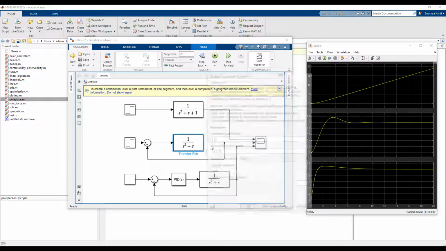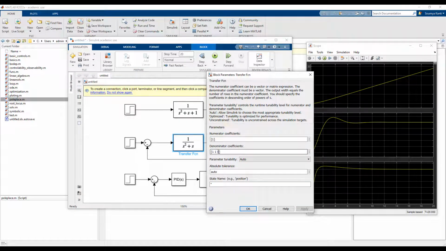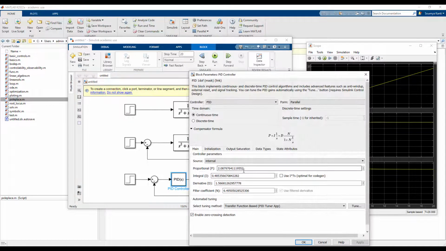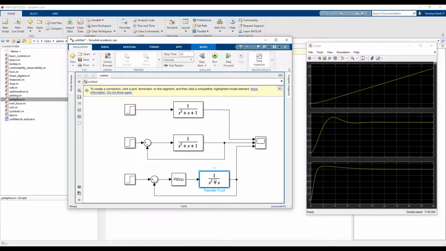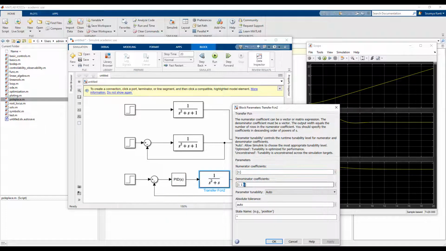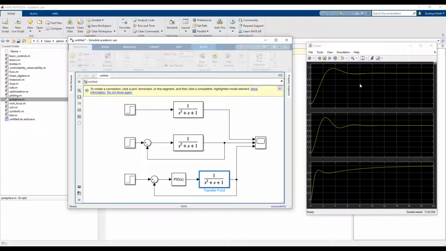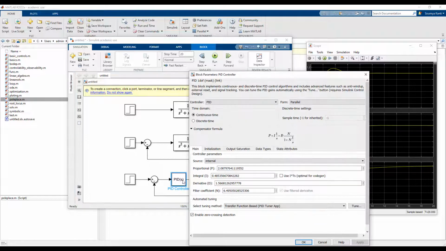Okay, you can see this is the response of the system. This is the open loop response, this is the closed loop response. And now I can again open the PID block.